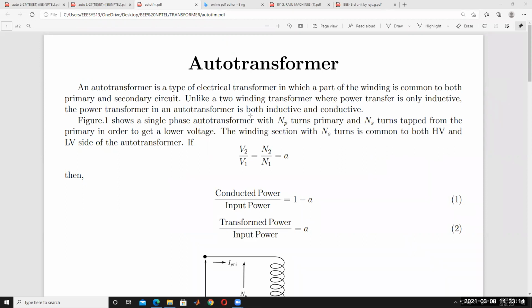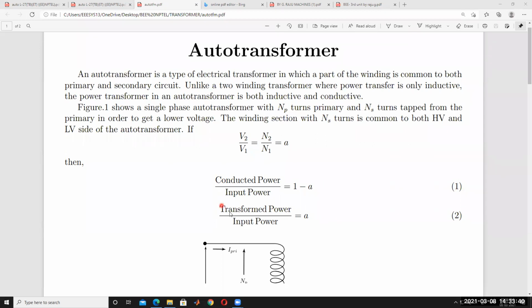This is the main important point. That is why the kVA rating of the transformer is very high when a two winding transformer is converted into an auto transformer.